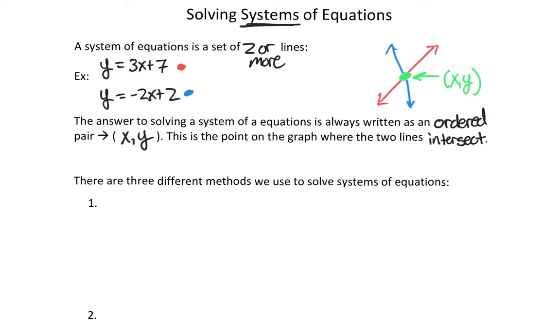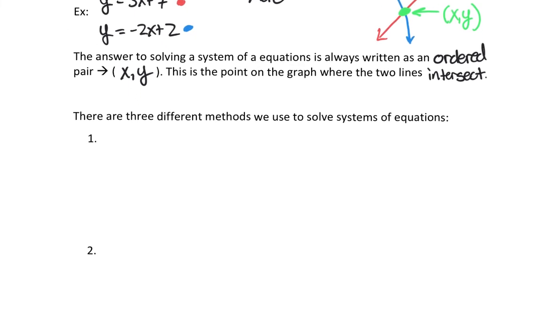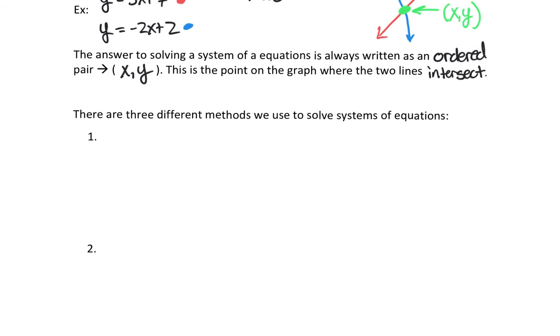So when we go through and try to identify how to solve this, there are three different methods that we are going to use to solve these systems of equations. One of them, which we can practice on Monday or the next time that we gather together, is going to be done by graphing. So now I'm going to move down to this next section and detail the three different ways that we can solve a system of equations.